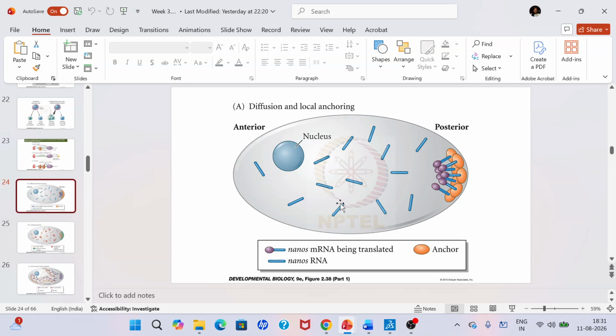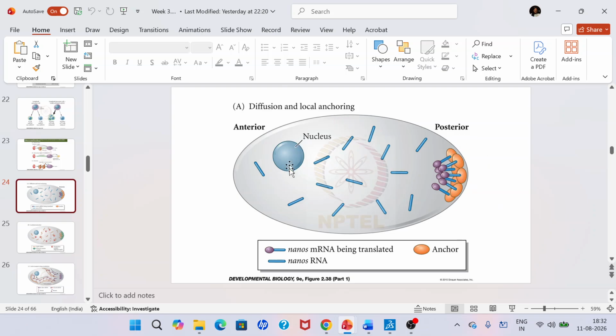Okay, so these are the mRNAs. These are basically telling you how the localization of a particular mRNA also can affect the expression. So this is the nanos RNA, and these are actually important for the posterior part of expression.